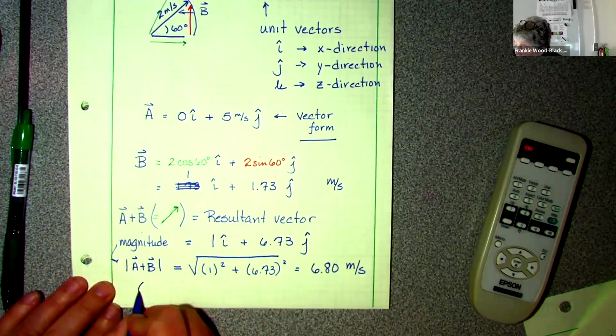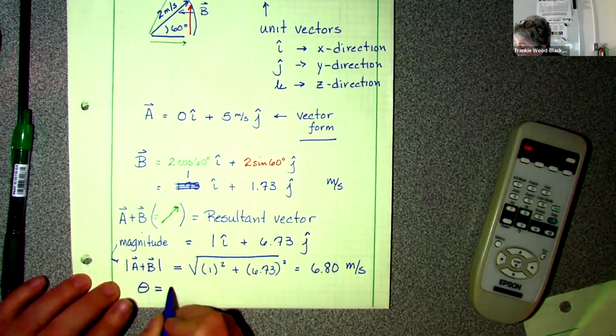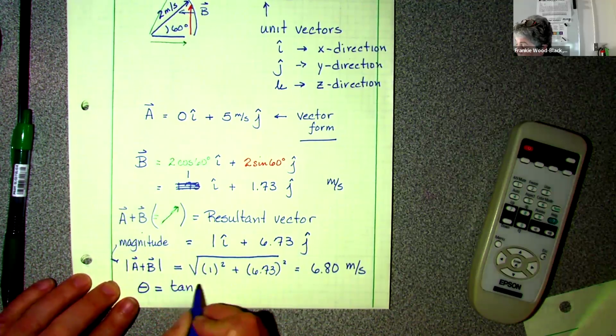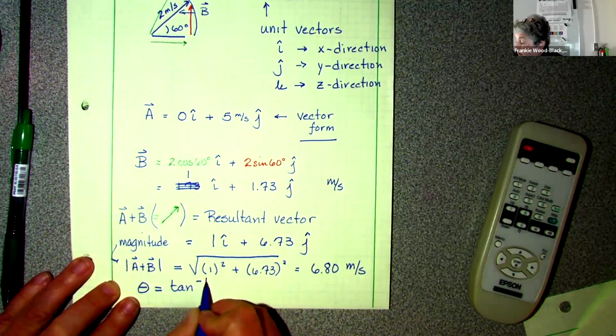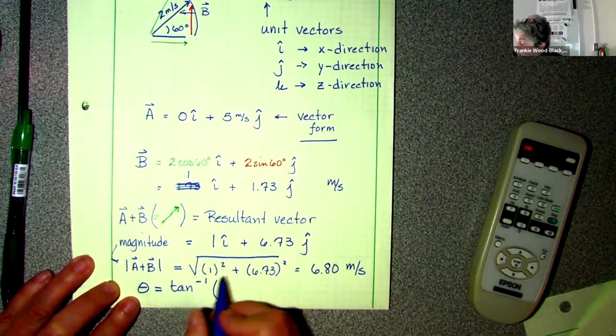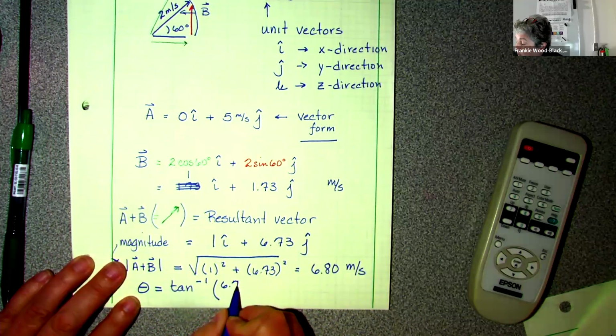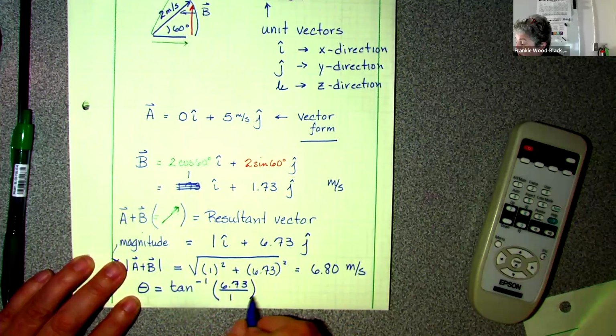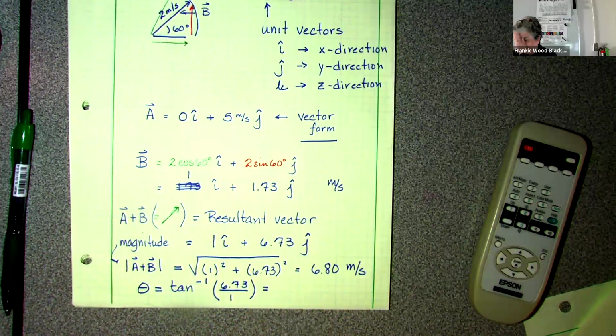My angle goes back to what we were talking about on Friday. I've got to go back to my arc tangent because I'm going to look at the y side. Well, we know the y side is 6.73. And we know that the x side is 1. So that's going to give me my angle.